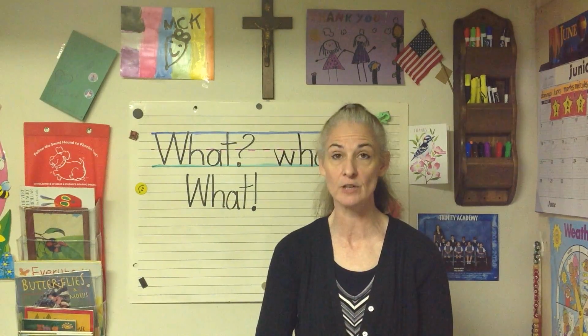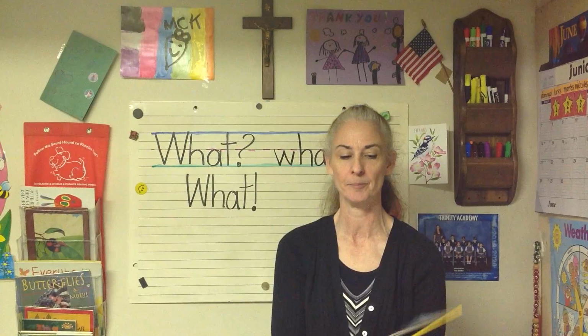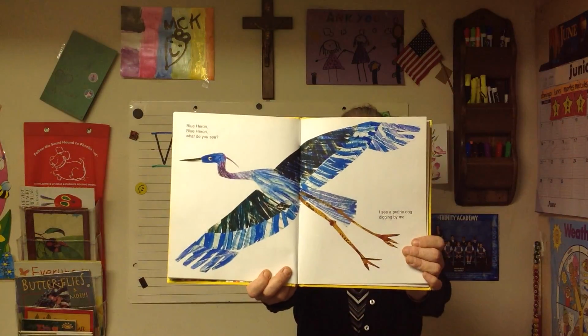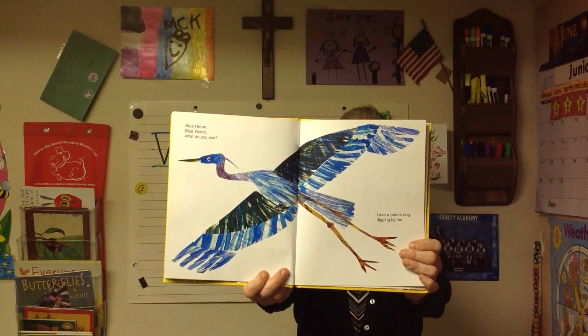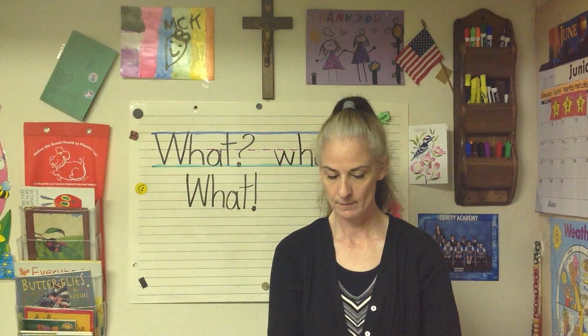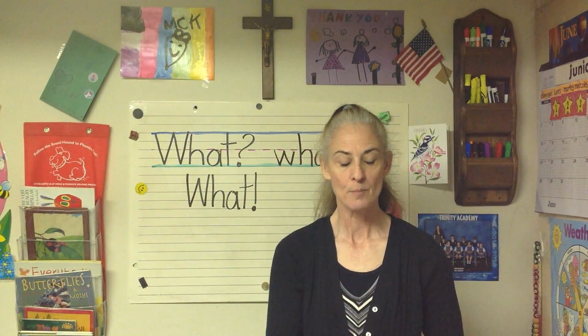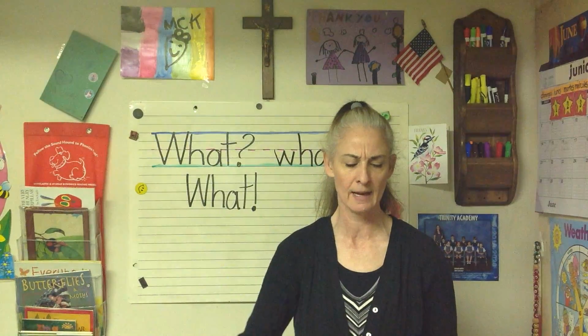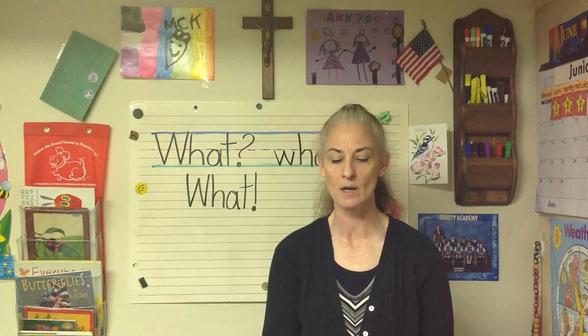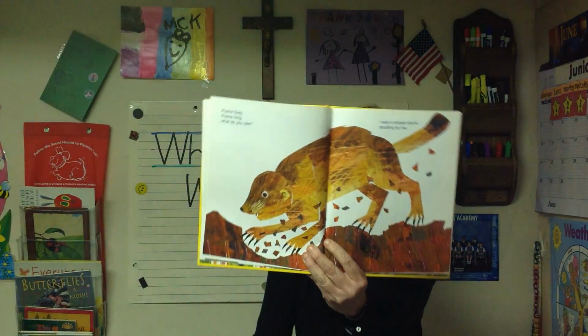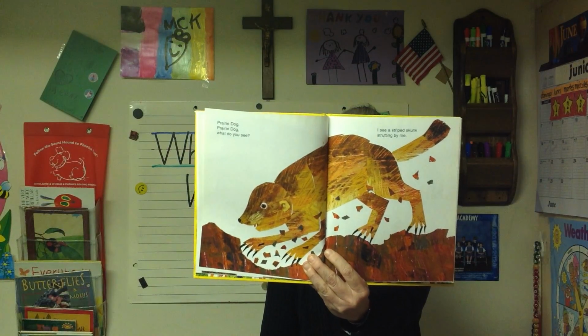I see a prairie dog digging by me. Prairie dog, what do you see? I see a striped skunk strutting by me. And these are all different ways that animals move, too.